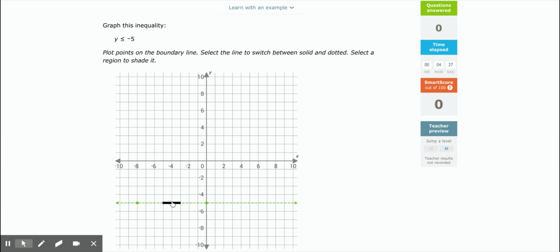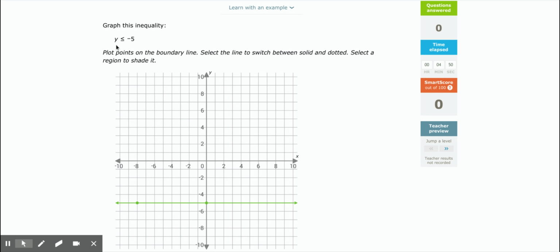From here, we can click in between our points to go back and forth between a solid or a dotted line. In this case, because we have this line underneath the less than or equal to part, we're going to keep a solid line, meaning that values that fall on the line itself are answers for this inequality. And then we also want to shade either above or below the line.